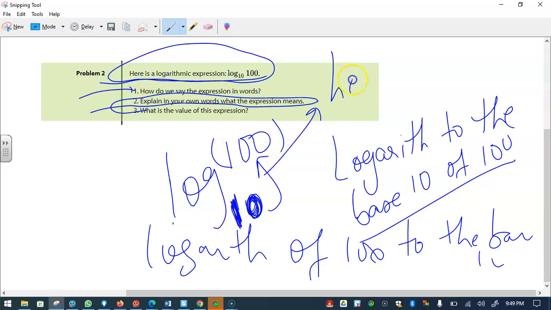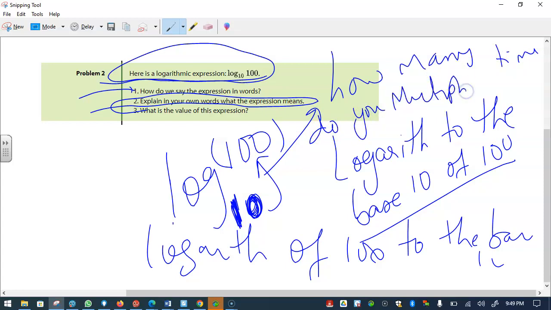How many times do you multiply the base 10?